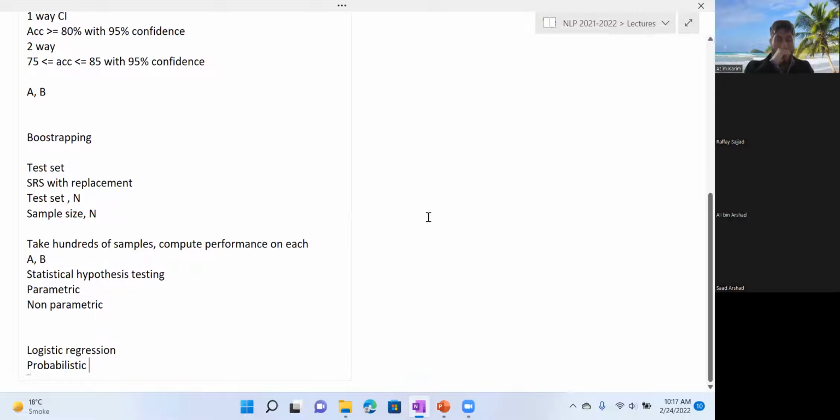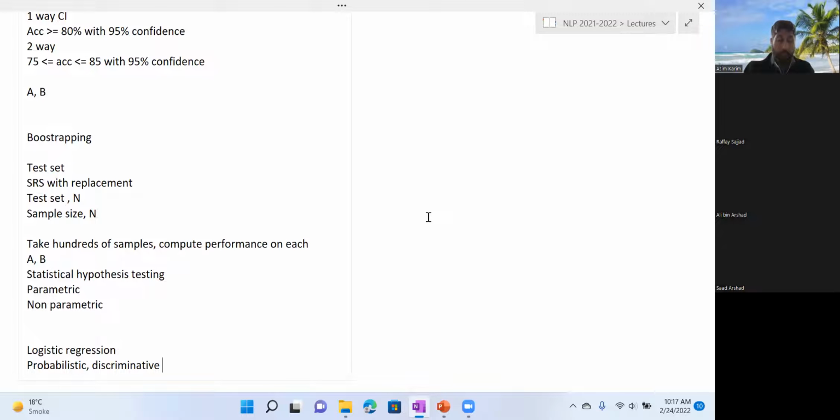Just like naive Bayes was probabilistic, this is also probabilistic. But in terms of the type, it is generally called discriminative. And I will mention why this is discriminative. Naive Bayes was generative.